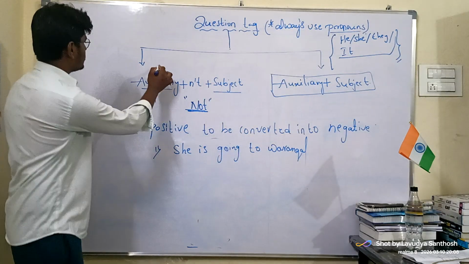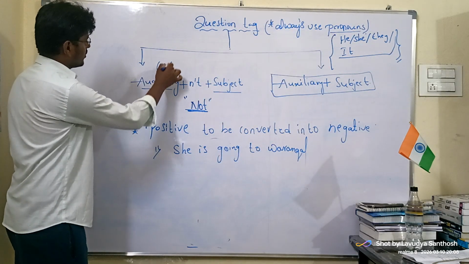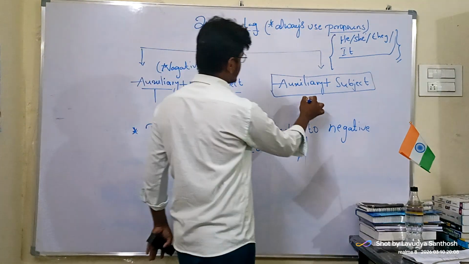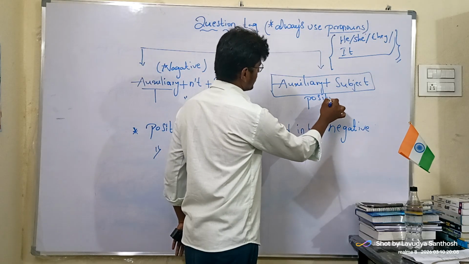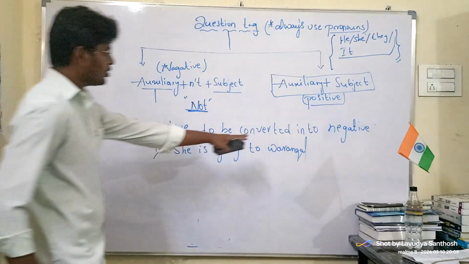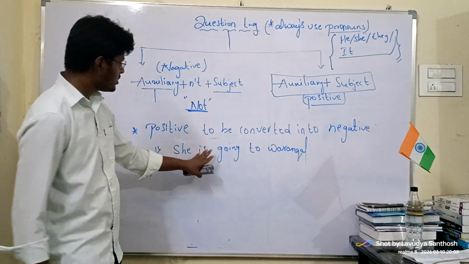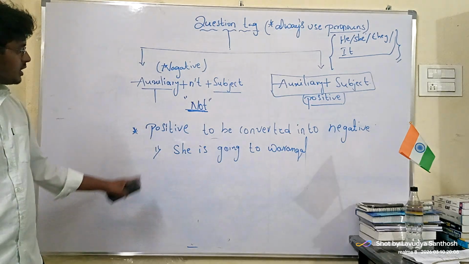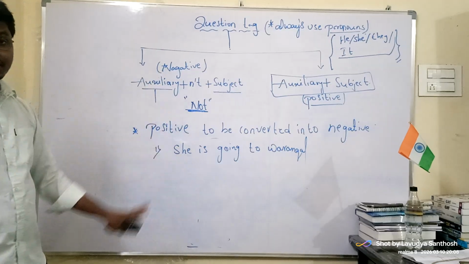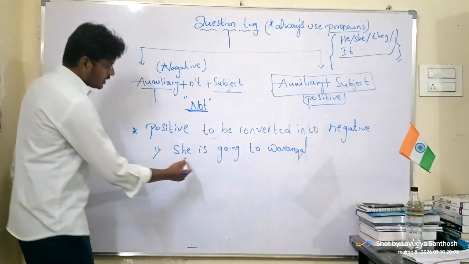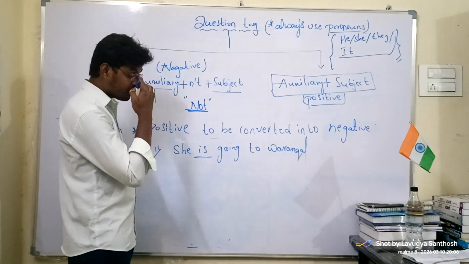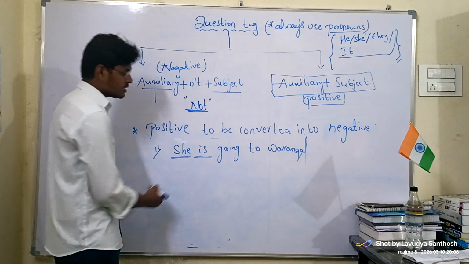Now you see here, she is going to Warangal. Since the word not is not mentioned here, we have to add not and bring this sentence into negative form. We know this is an auxiliary, a be-form, linking or helping verb, and this is the subject.